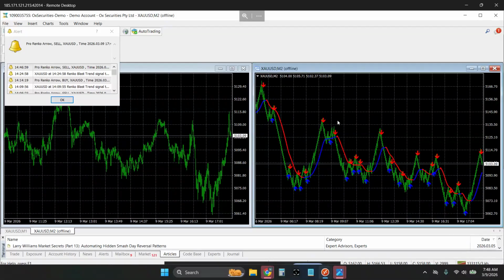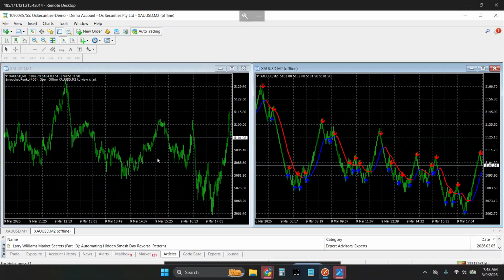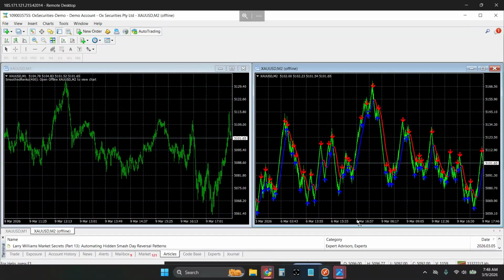In my opinion, it's easier to see if there's multiple touch points right here versus if we have this chop all over the place. I have a hard time finding or deciding what is a significant level from noisy time-based charts versus with Renko. To me, the levels just stand out much more clearly.